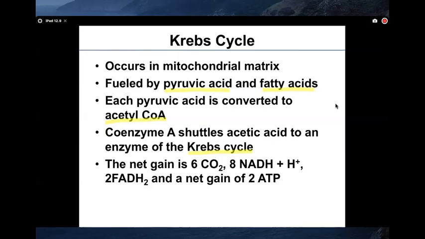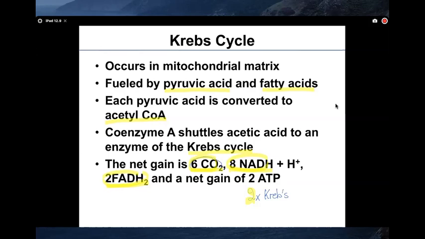Through the Krebs cycle, I would be releasing 6 carbon dioxide, 8 NADH, and 2 FADH. So again, those numbers are for 2 Krebs cycles. Remember, I've got 2 Krebs cycles per glucose.